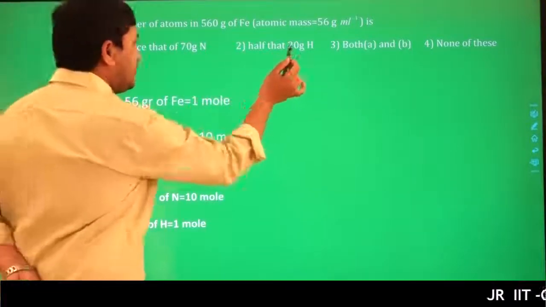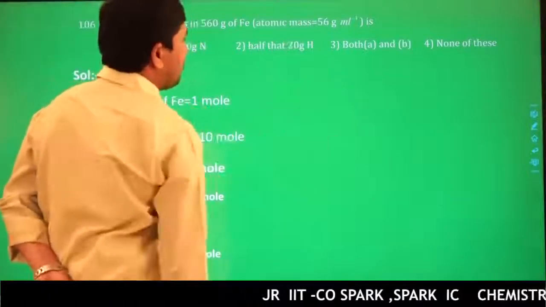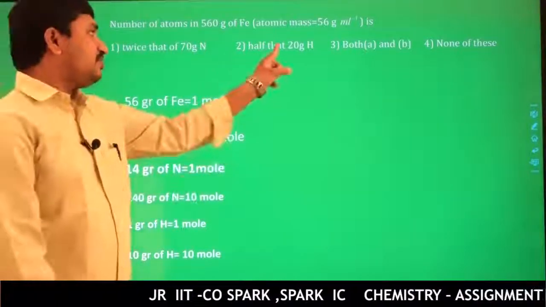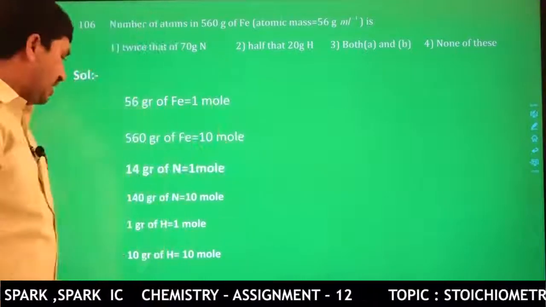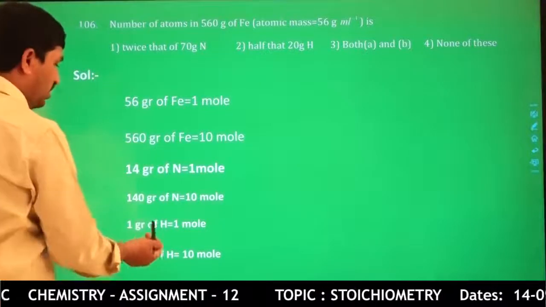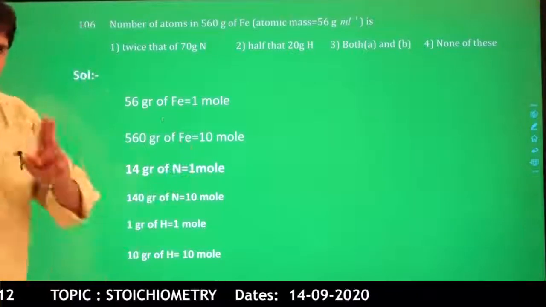Then take hydrogen. Half of 20 grams of hydrogen is 10 grams. Under STP condition, 1 gram of hydrogen is taken as 1 mole. Then 10 grams of hydrogen is 10 moles.